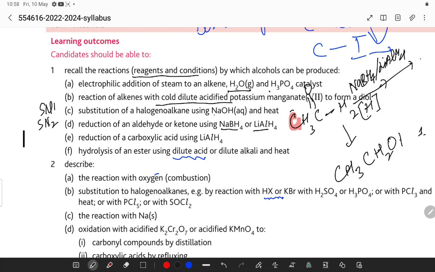Sorry, yes, this is OH. This is primary alcohol. So aldehyde is going to primary alcohol and ketone to secondary alcohol.